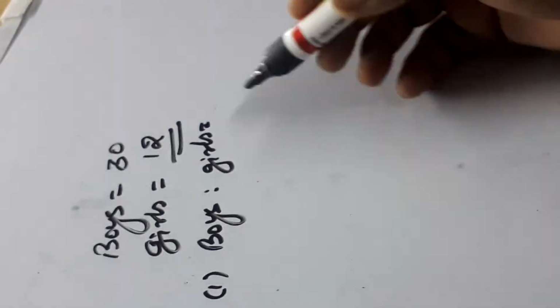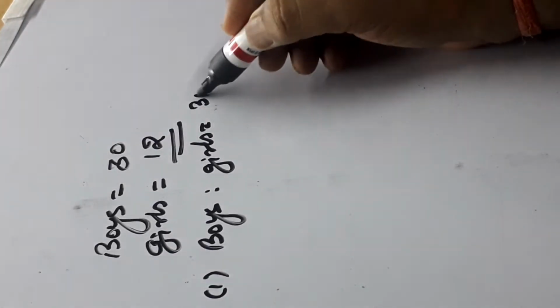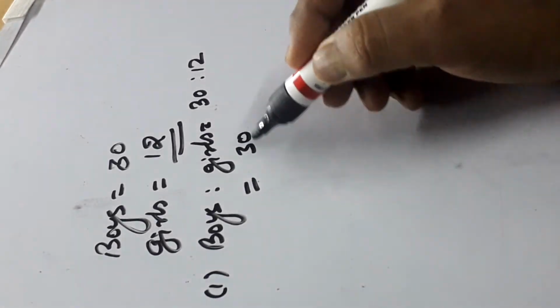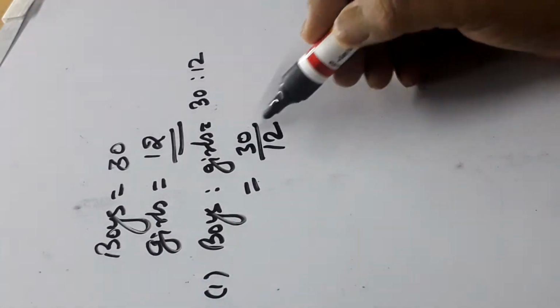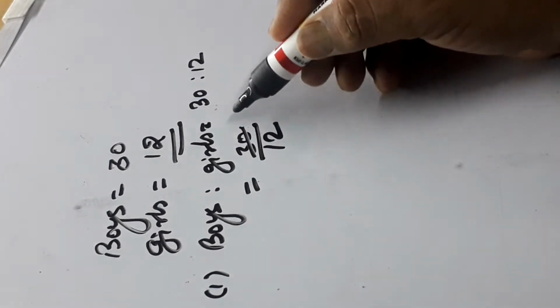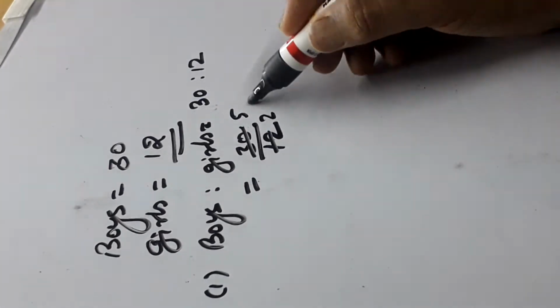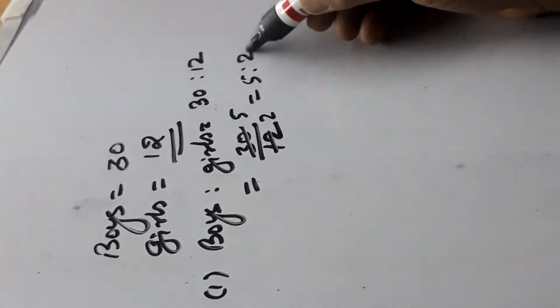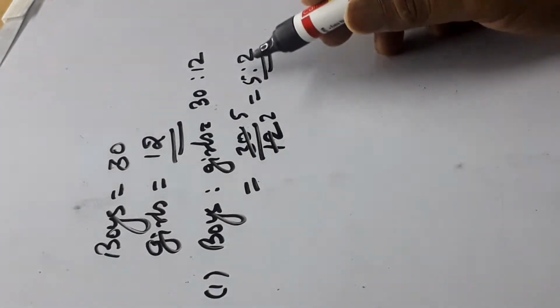Then it will be 30 is to 12. Now 30 upon 12, their HCF is 6. We will divide them by 6. 6 fives are 30, 6 twos are 12. Here the ratio of boys and girls is 5 is to 2.